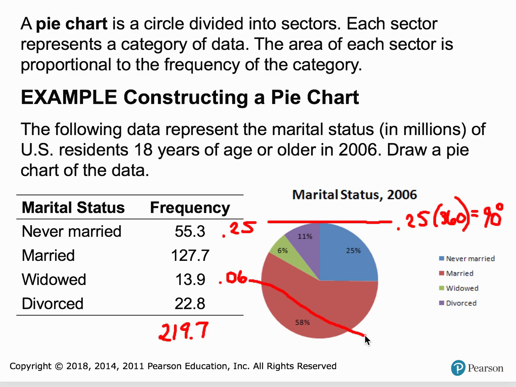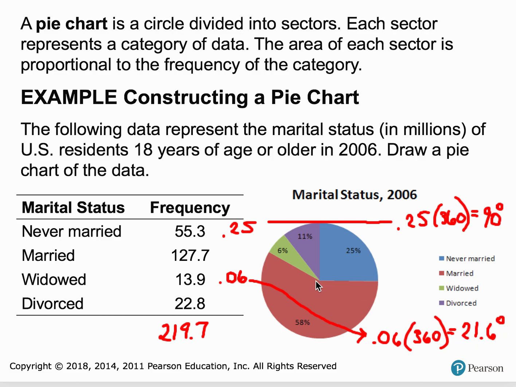Let's look at this one. 0.06 of 360 degrees, of means multiply, so 0.06 times 360 is 21.6.